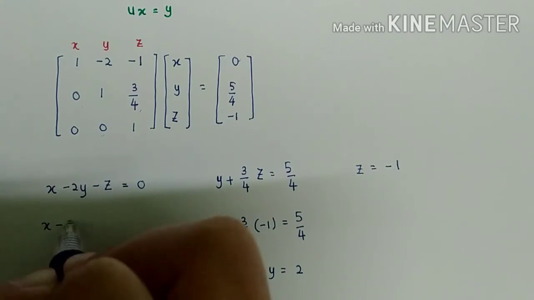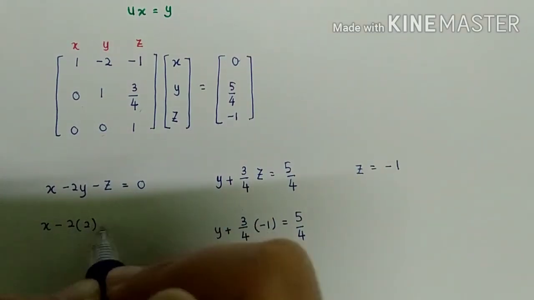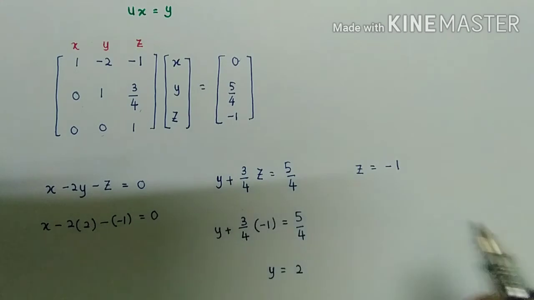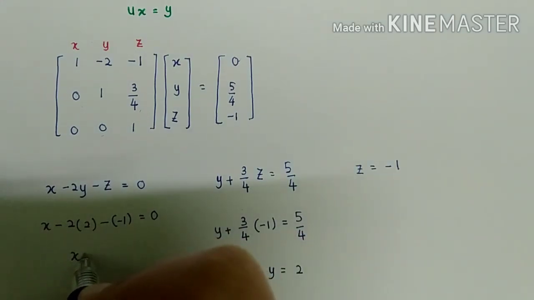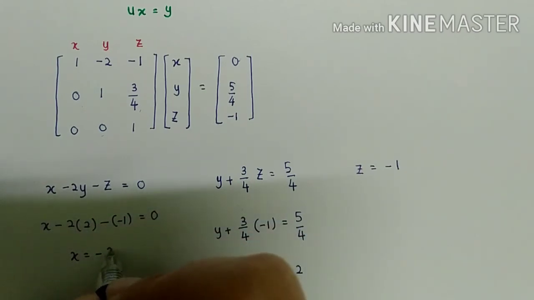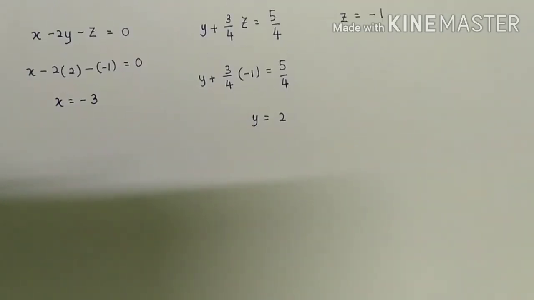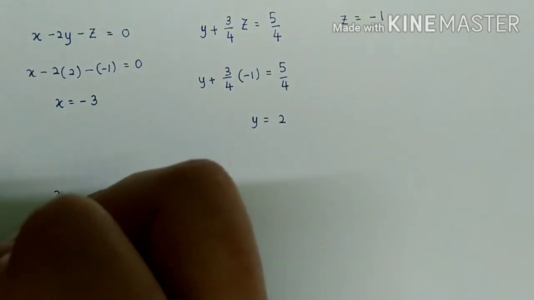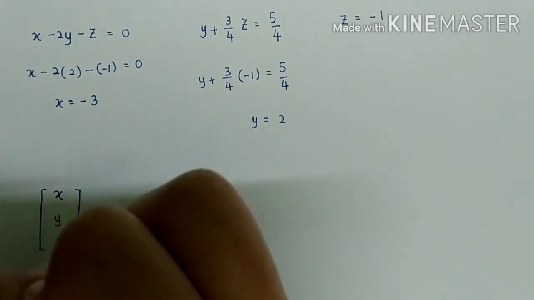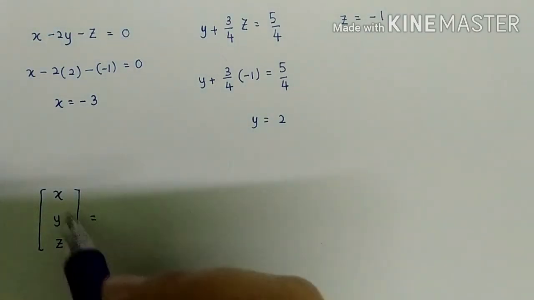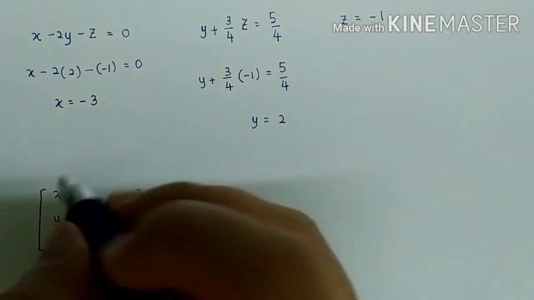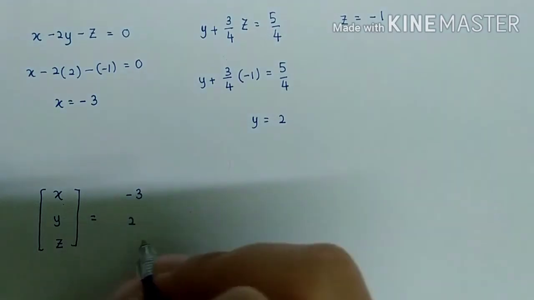So we have x minus 2 times 2 for y minus z which is negative 1 equals 0. We calculate this, we get x equals negative 3. So our matrix x, y, z is equal to x is negative 3, y is 2, and z is negative 1.